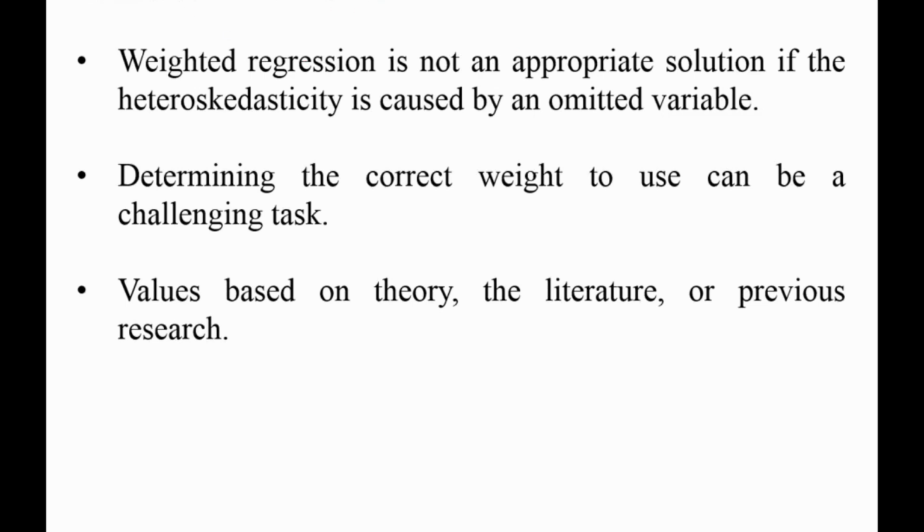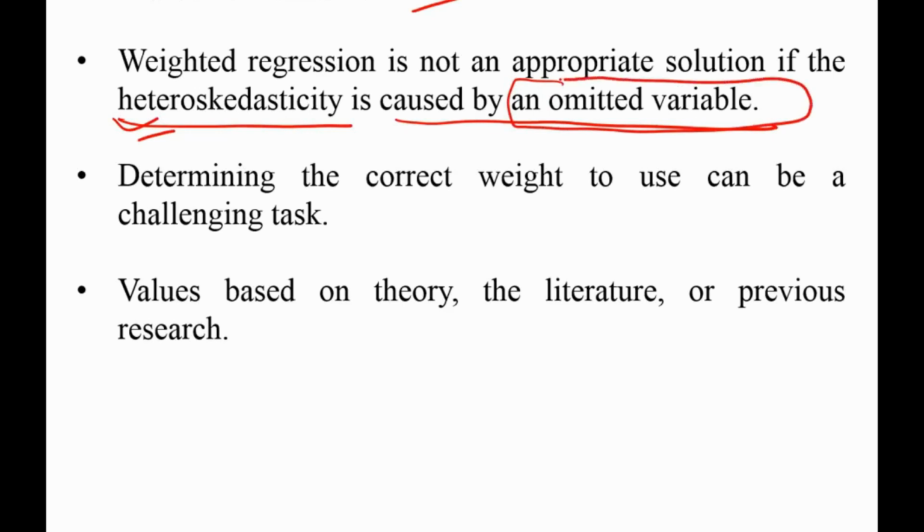There are certain points to remember while using WLS. The weighted regression is not an appropriate solution if the heteroscedasticity is caused by omitted variables. Many times, the heteroscedasticity problem is there in your data because of an omitted variable. That means you have missed out on an important variable.